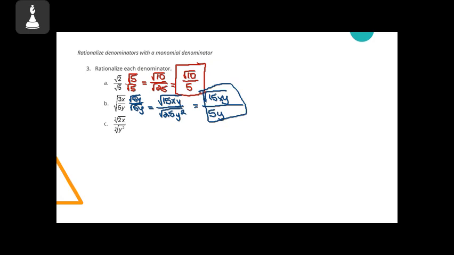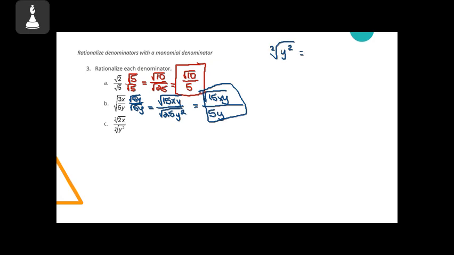Next, we are going to see some higher power radicals as we go through this lesson specifically. So we're going to look at one here. Now, when we had a square root and we had y squared like this, we asked how many times does 2 go into 2? Once.